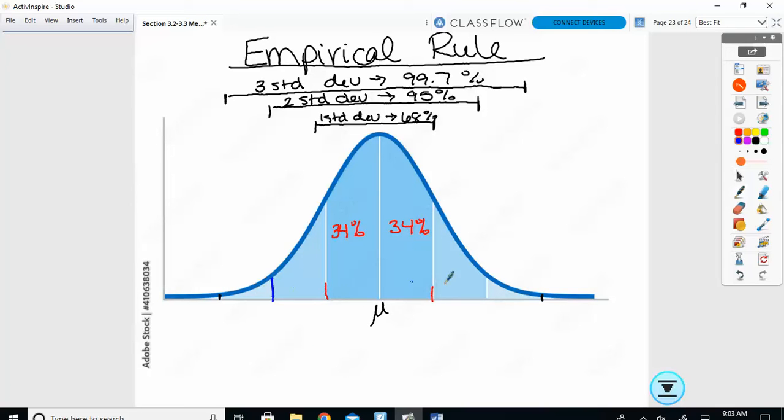Now, within this next group, we have 95% of the data. So, we already know that 68% is between these red lines. So we need to figure out how much is left between these. So do 95 minus 68, 27.